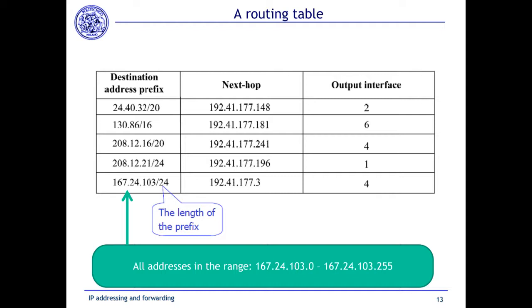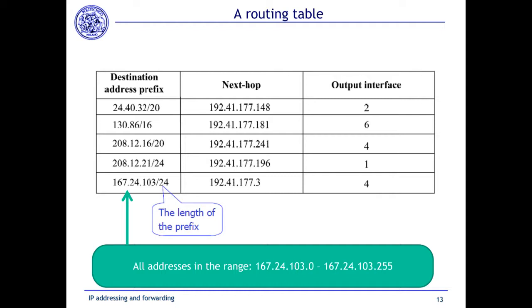The column of the destination prefixes is actually containing entries, and each entry is not corresponding to a single IP address, but to a range of IP addresses. The range of the IP addresses is identified by the network prefix and its length.